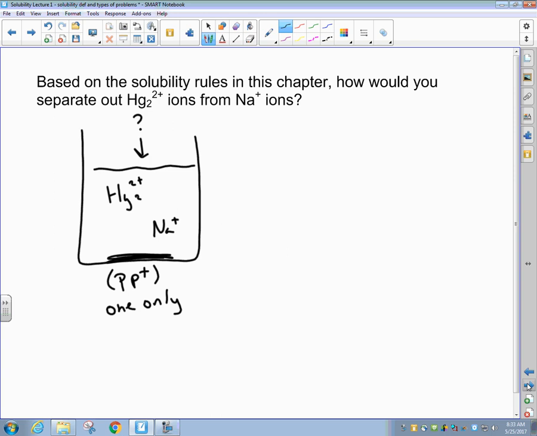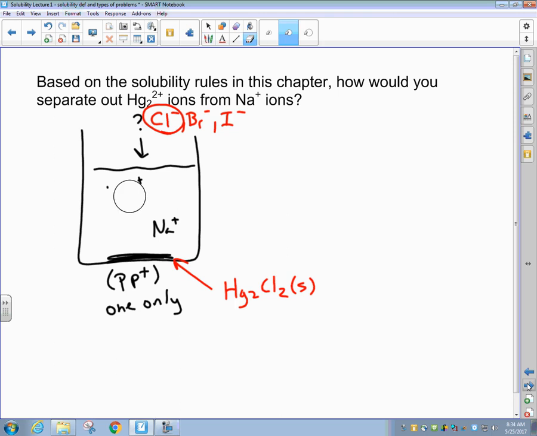So we could add a chloride, a bromide, or an iodide ion, and what that would form is then we would get a compound containing, for example, if we added just the chloride, we would get Hg2Cl2 as a solid at the bottom of our container, and that would eliminate the mercury ions from our solution. There are numerous other possibilities that you could do.